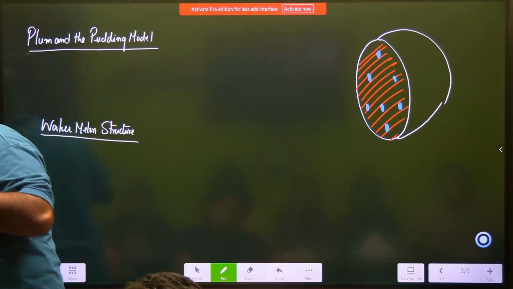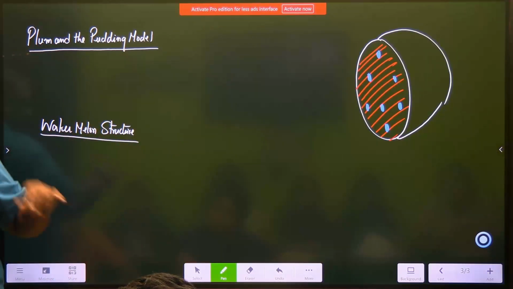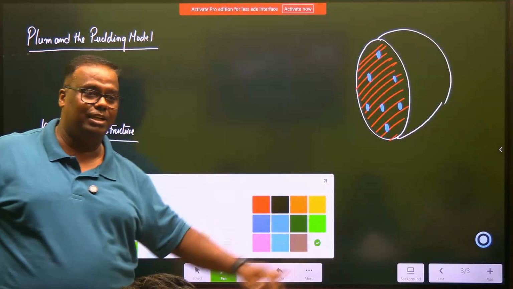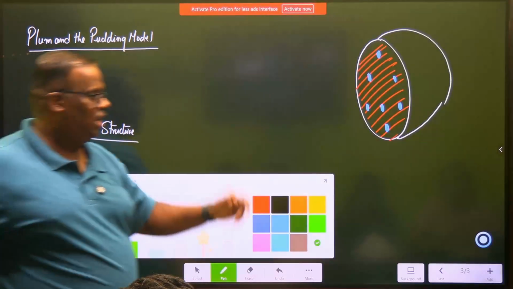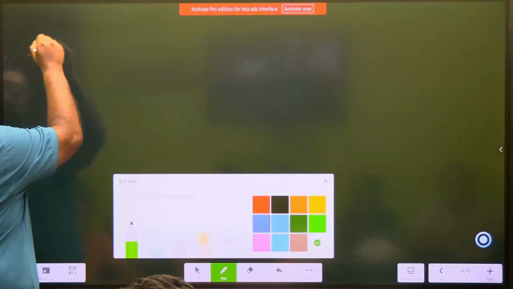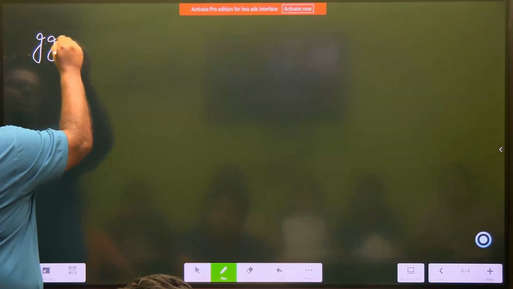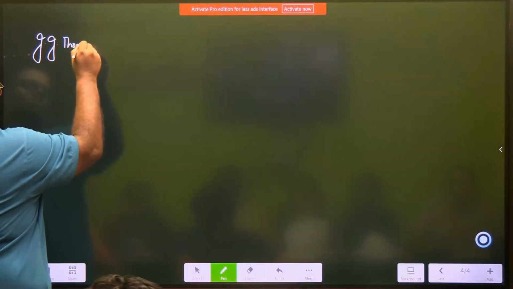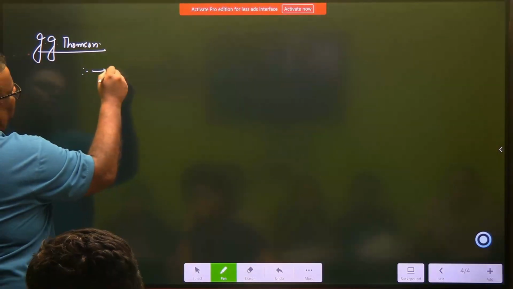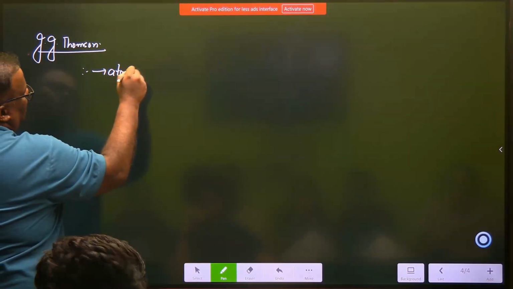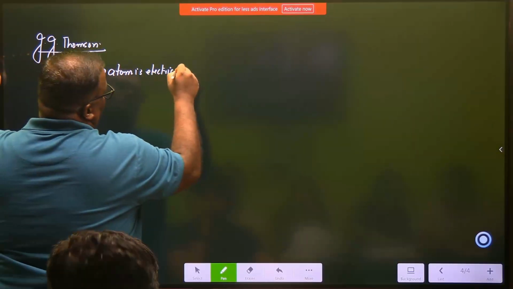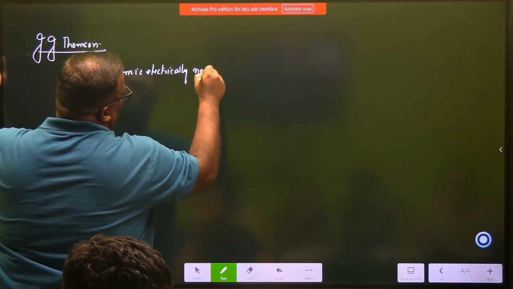Now the atom is said to be electrically neutral, right? Now J.J. Thomson had an issue, so let's see what he did. J.J. Thomson said that it was known that the atom is electrically neutral.